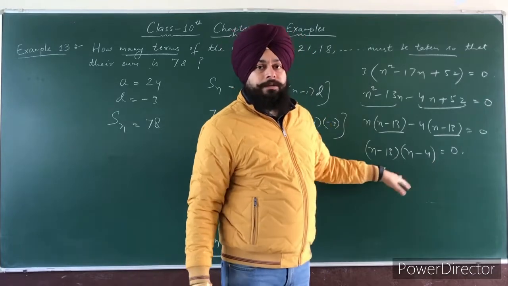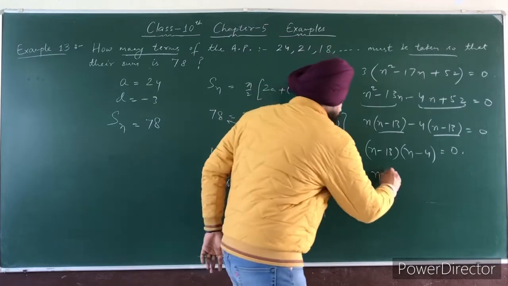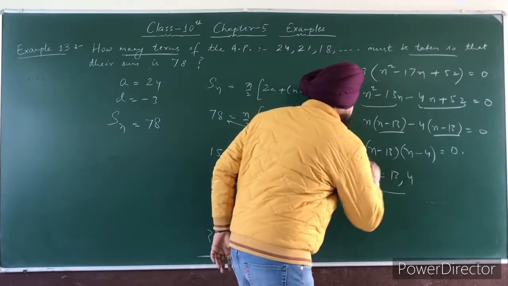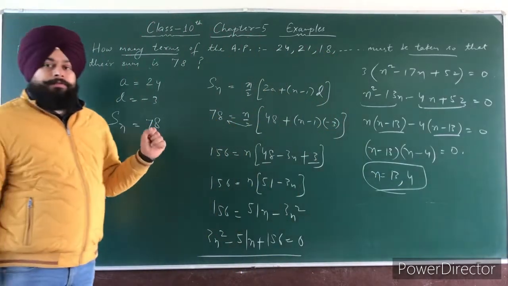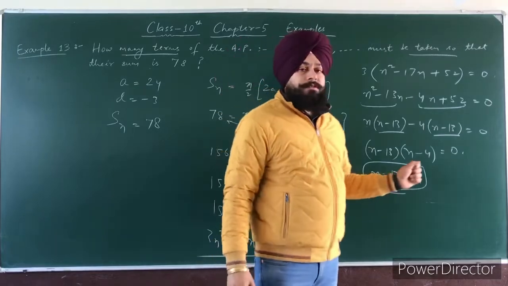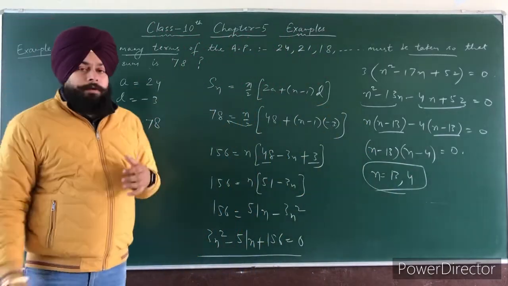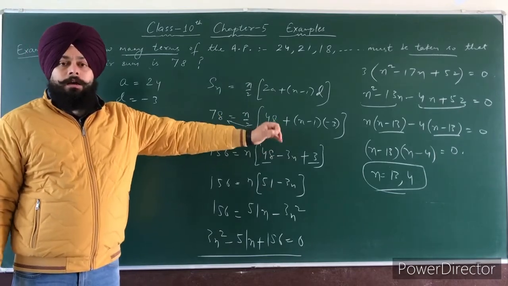Now compare these factors with 0. So from the first factor the value for n is 13 and from the second factor the value of n is 4. So we can see here we are getting two values for n. The first one is 13 and the second is 4. Now which is admissible? Which is possible? So in this question both values of n are admissible.